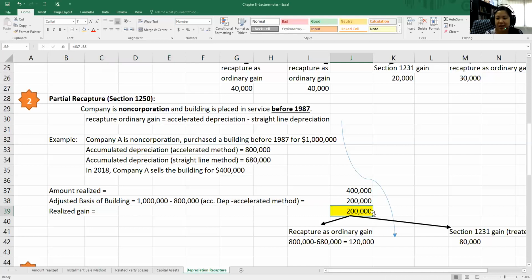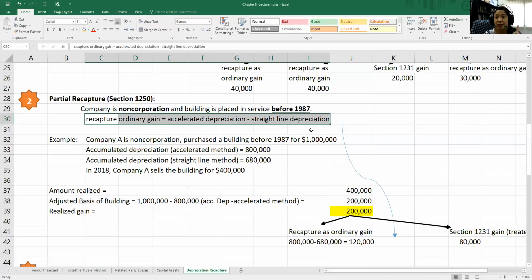Now, remember, we need to recapture the depreciation for this building, for the gain, when we sell it. So how can we do that? Of that 200,000, the amount that we need to recapture as ordinary gain, remember, will be the difference between accelerated depreciation and straight line depreciation.